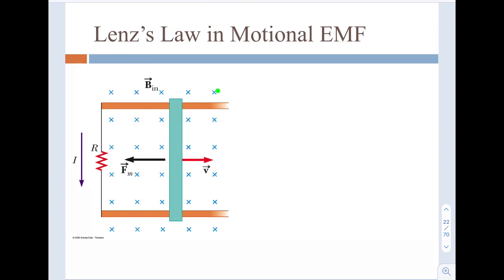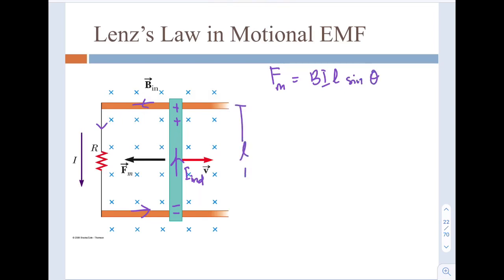By using right hand rule number 1, we know that positive charge will be accumulated at the top and negative charge will be accumulated at the bottom. So the current is going to flow in this direction within this conductor. If this is the direction of I induced, based on BIL sin theta, F magnet is equivalent to BIL sin theta.